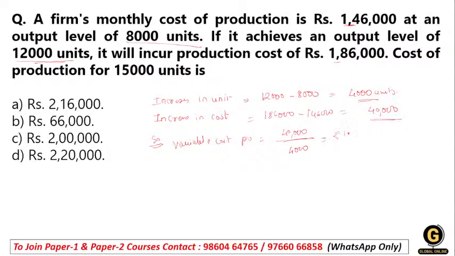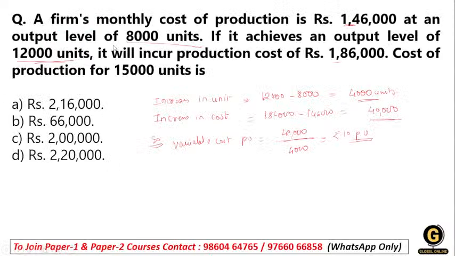So rupees 10 is your per unit variable cost. This is the first step. I'm writing over here, variable cost per unit is rupees 10.